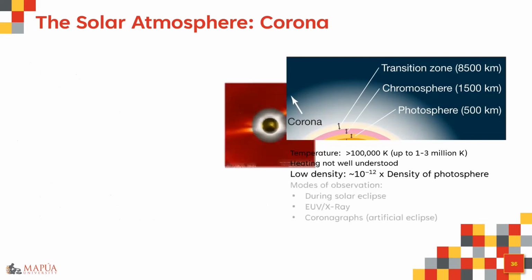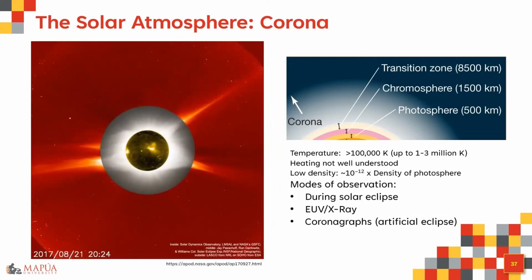Okay, some modes of observation. We can actually observe the solar corona more or less 3 ways. You can observe it during a solar eclipse. You can also observe it using extreme UV or X-ray, like this. And we can also use coronagraphs, which use an artificial eclipse to measure the corona.